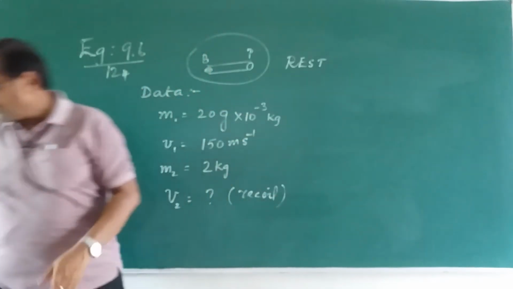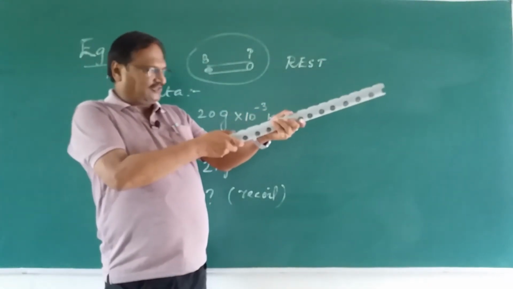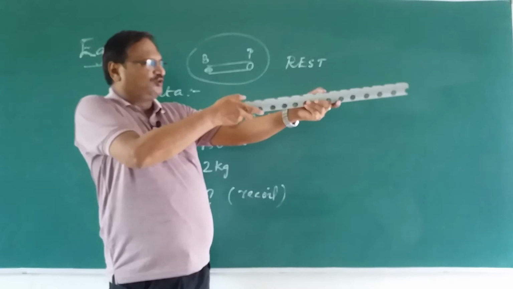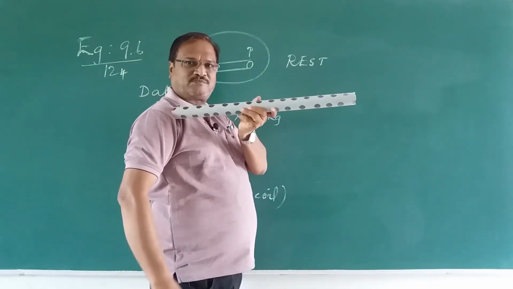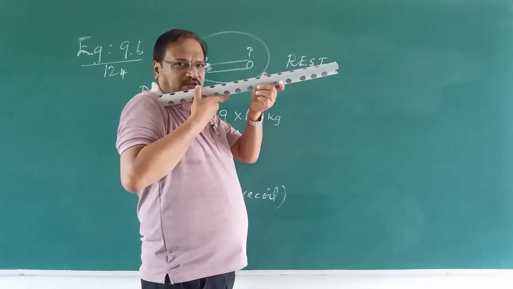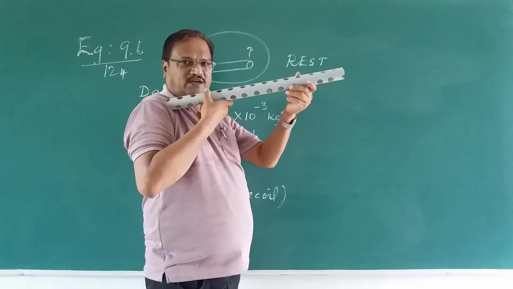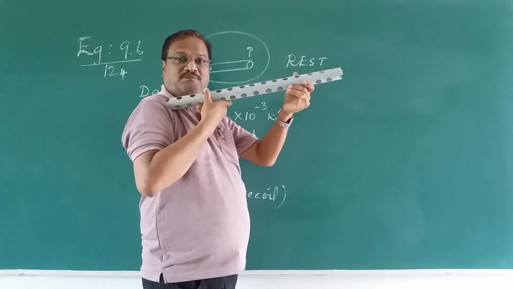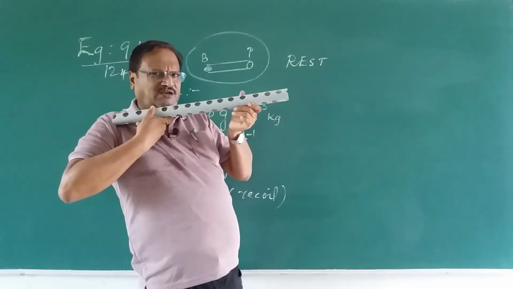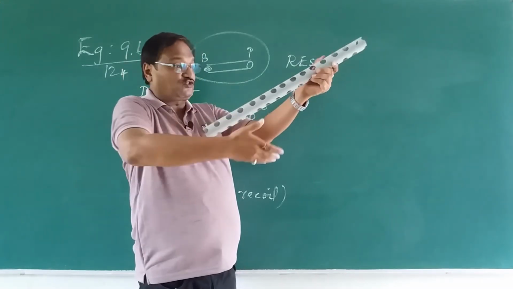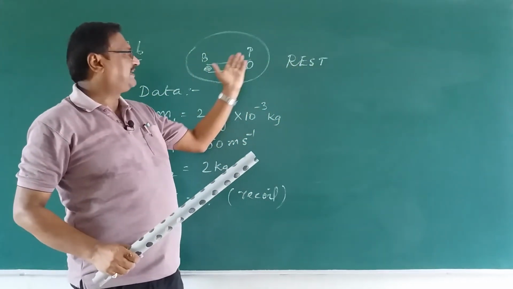When you are given a pistol, first they will teach you to keep it on your arms. Why? I pull the trigger and the bullet goes forward, and the pistol will come backward. This is called recoil.